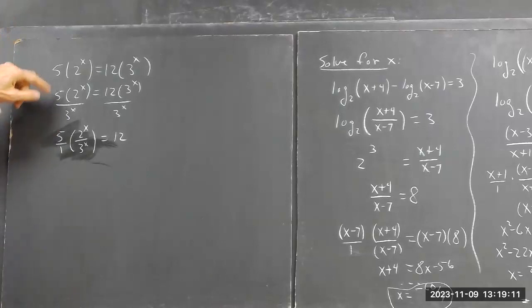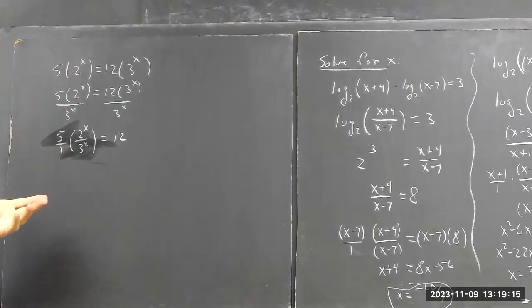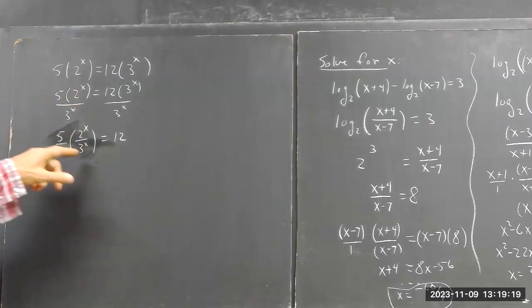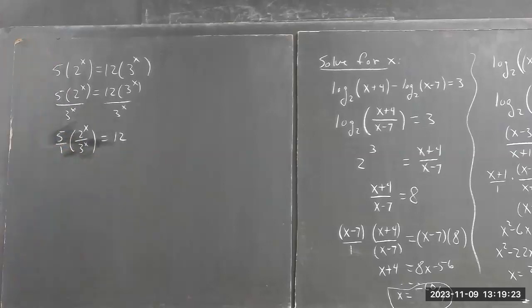Well, I can write this as 5/1 times 2 to the x over 3 to the x. The numerator is still going to be 5 times 2 to the x, and 1 times 3 to the x is 3 to the x, and the denominator is still 3 to the x. So that works just fine.